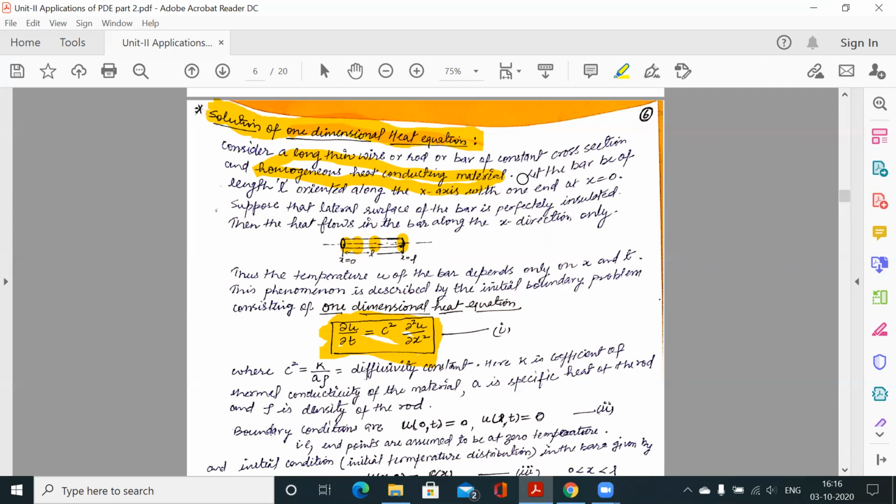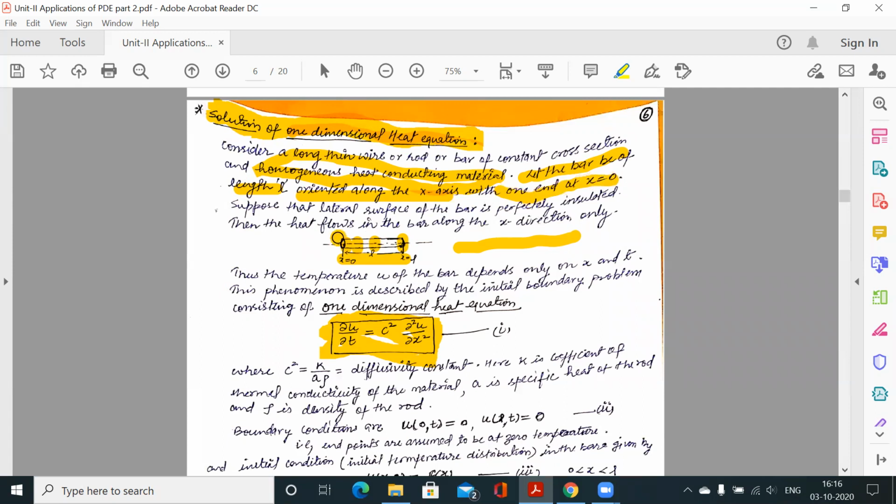Next, let the bar be of length L, oriented along the x-axis, with one end at x equal to 0.